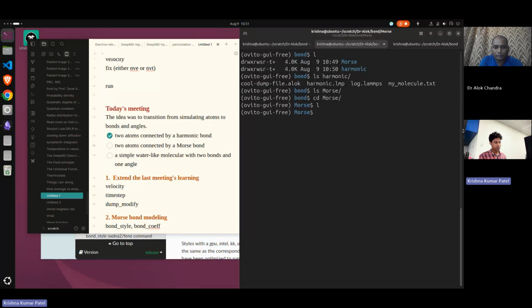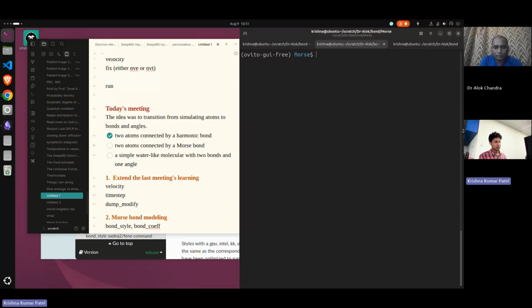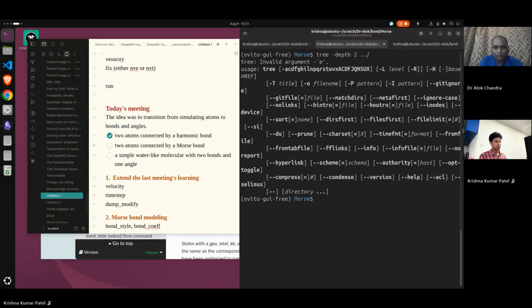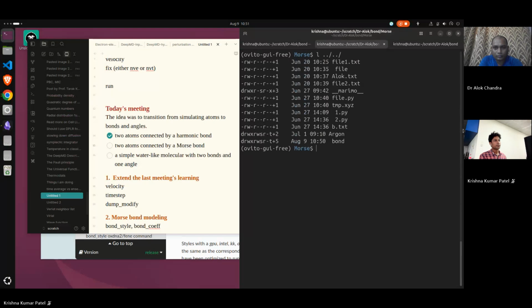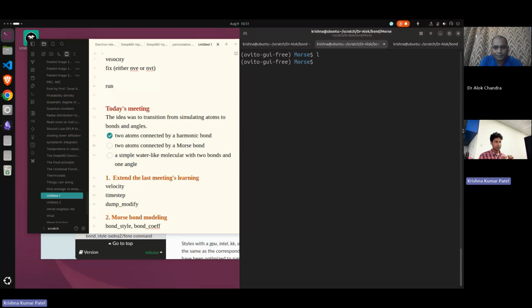Let me show you the directory structure, maybe like tree. Oh, that's a lot, probably tree, depth 2. Ah, that's too much. It doesn't show. Anyways, do you understand?